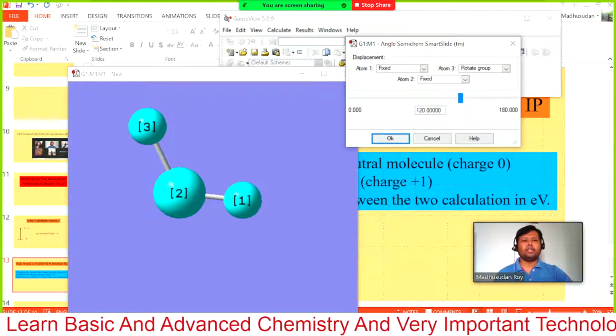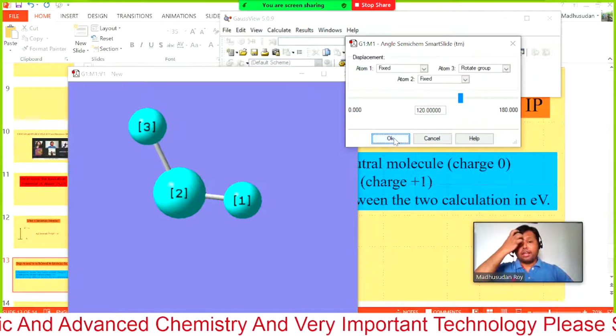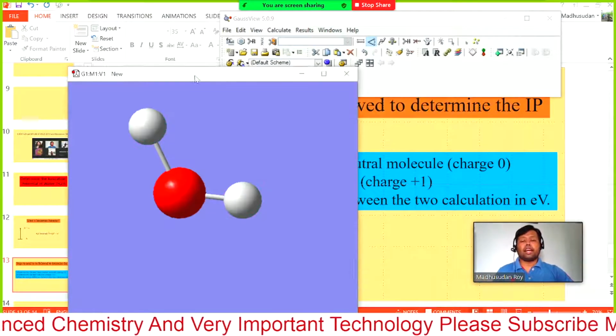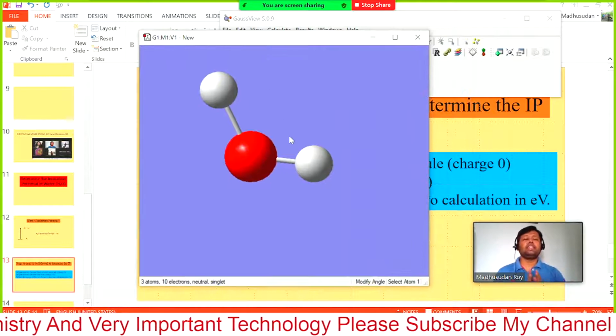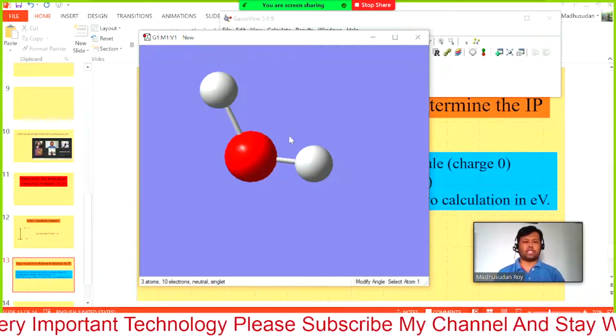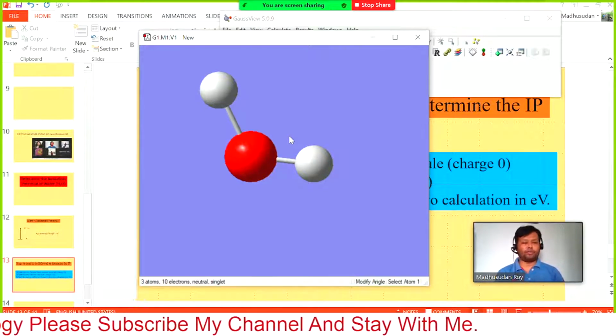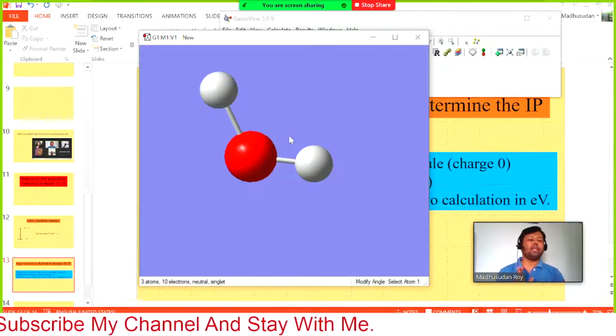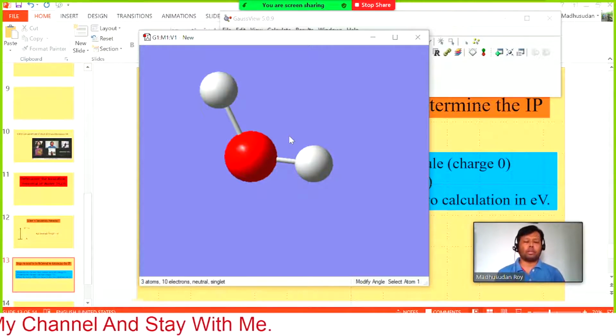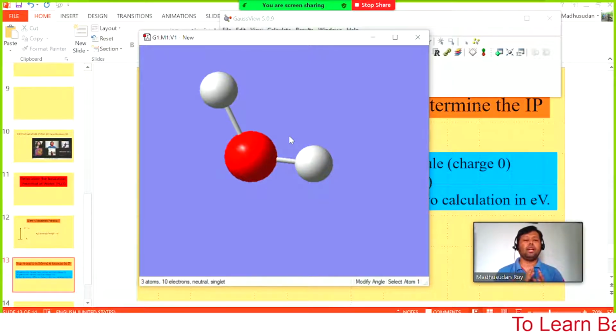So now let us consider this is our initial input structure. That means you are giving some assumption, so that can be the structure for the water molecule. Now we want to let the program perform the job, so that it will give you the minimum energy structure.